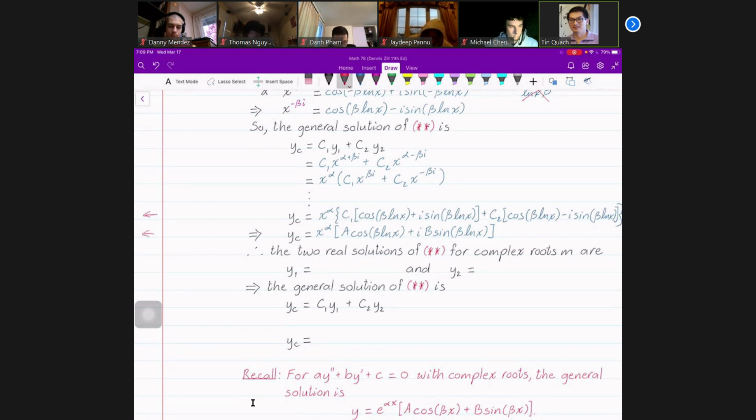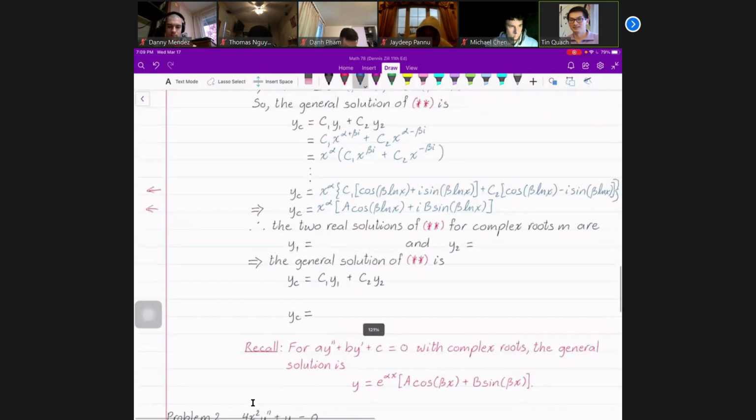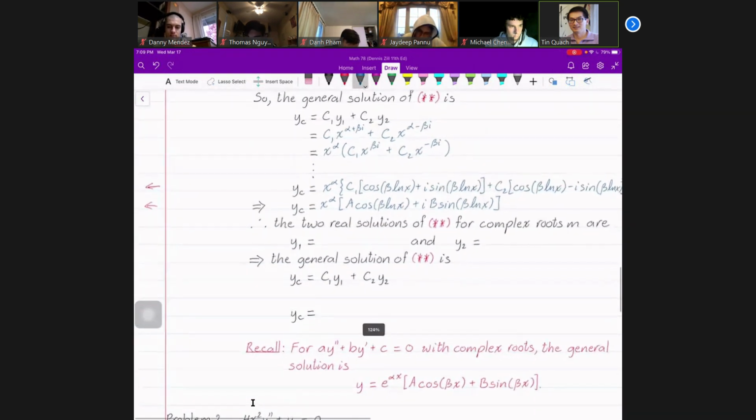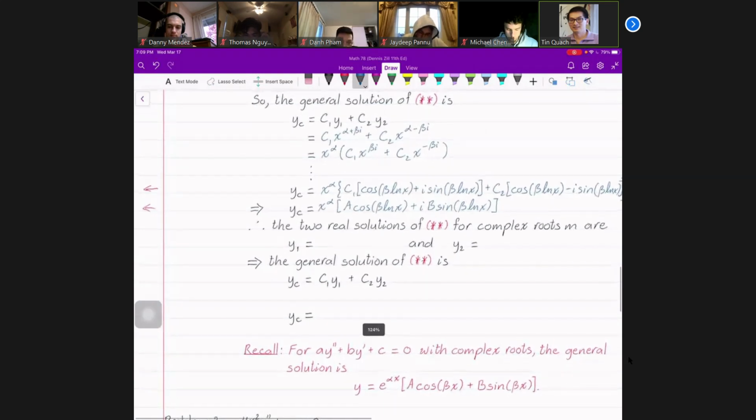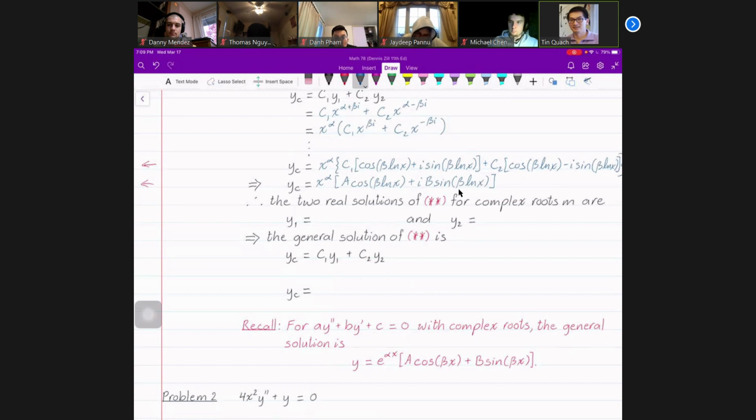So from here, if you multiply these two out, you're going to have x to the alpha times that plus i, and then x to the alpha times that, right?